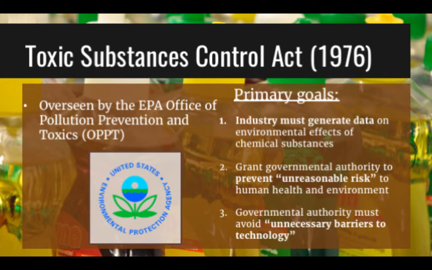Data on environmental effects of chemicals must be developed by industry. 2. The government must have adequate authority to prevent unreasonable risk of injury to health or the environment, particularly imminent hazards. And 3. Government authority must be exercised so as to not impede unduly or create unnecessary barriers to technology while fulfilling the primary purpose of the Act.